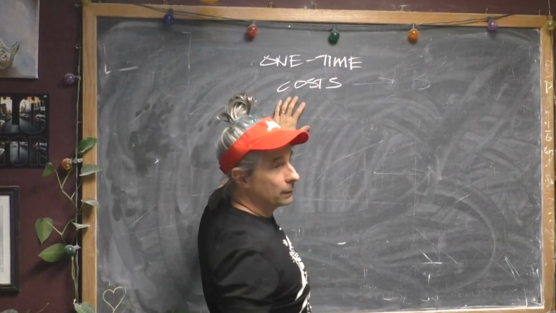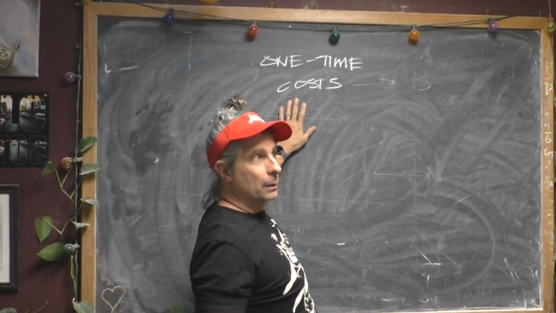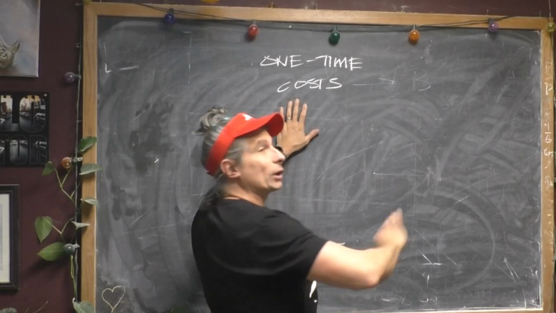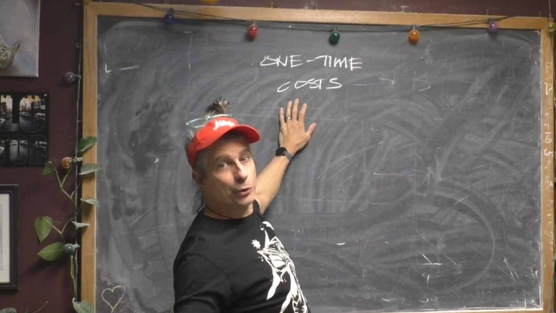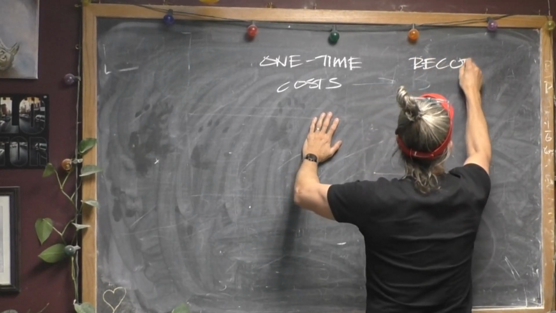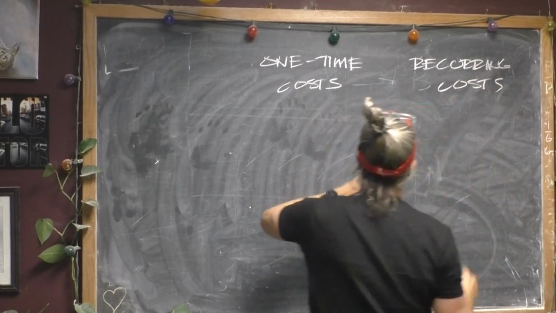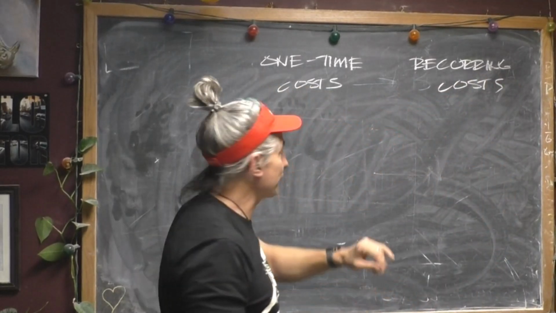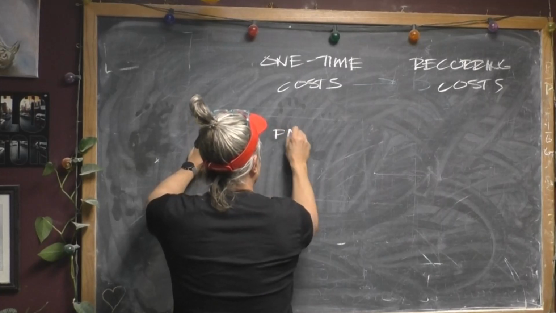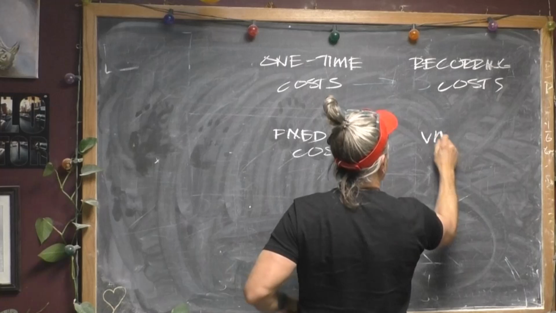So on a bill, there's a cost that's there regardless of whatever else you're using in the bill. And then there are recurring costs. Now, that's kind of what I call them. Business calls them something different. They call these fixed costs, and they call this one a variable cost.